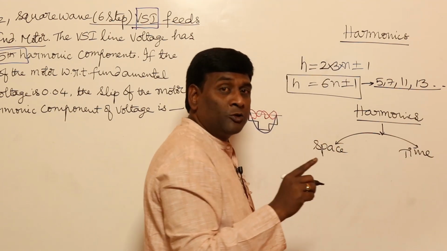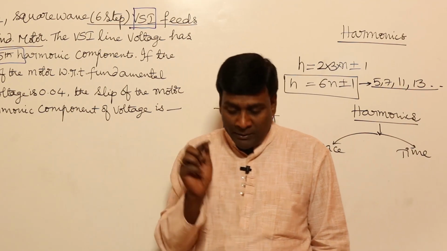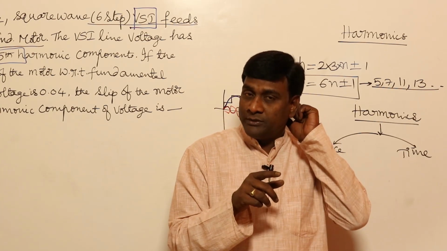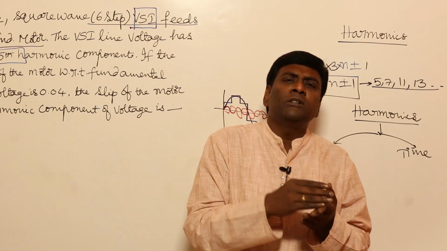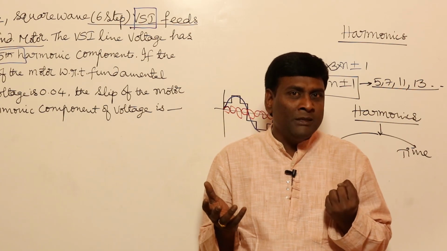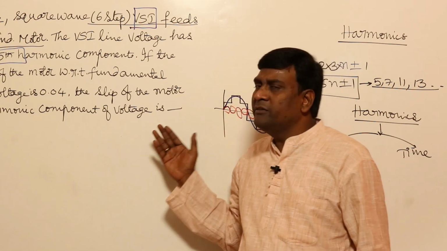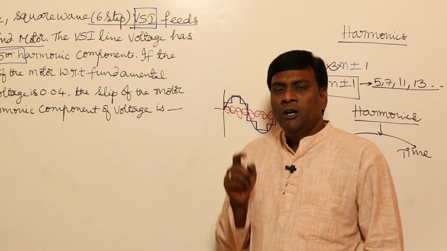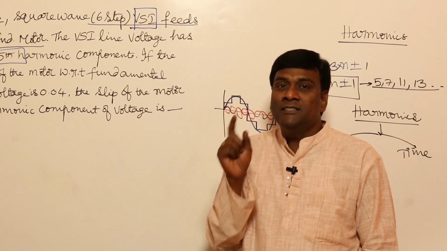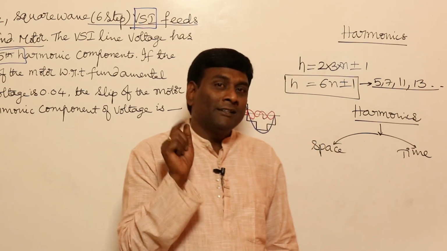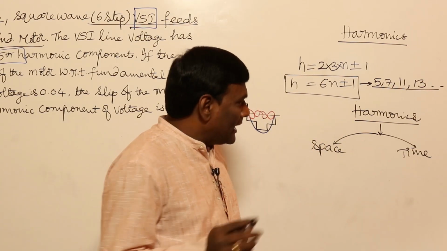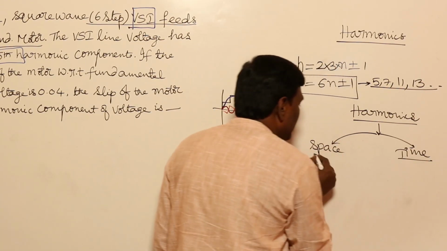When time harmonics have to be analyzed, in the textbooks they can say time harmonics are negligible, let us consider only space. But though it is negligible, a question can come in the exam, because they have given this as a voltage question only. Voltage source inverter voltage, it's an input side, so it should be time harmonic. Now in time harmonic or space harmonic.